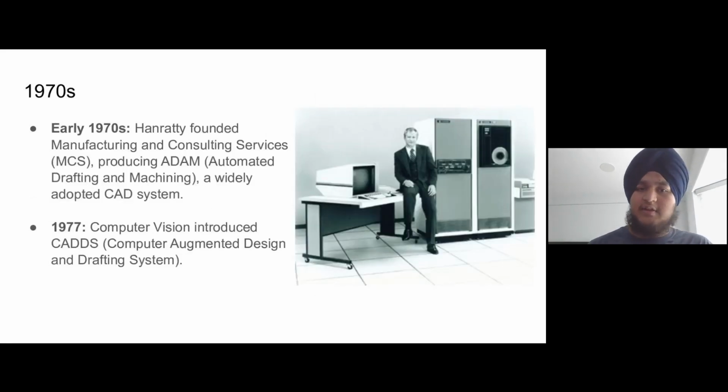So in the 1970s, Hanratty founded Manufacturing and Consulting Services, also known as MCS, and produced Atom, the automated drafting and machining of a widely adopted CAD system. In 1977, Computer Vision introduced CAD's Computer Augmented Design and Drafting System.